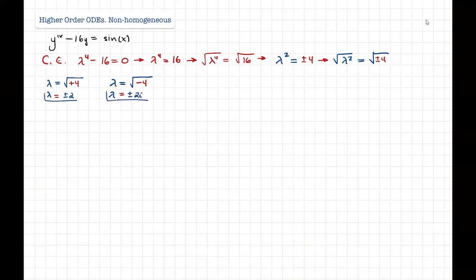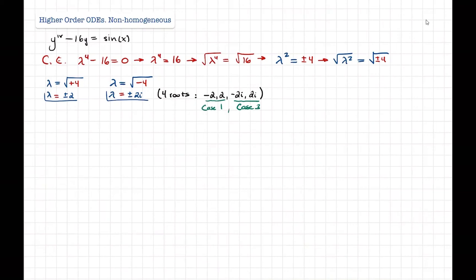So you can see these are our 4 roots: negative 2, positive 2, negative 2i and positive 2i. We know that the complex ones are a case 3, while the real ones are a case 1.